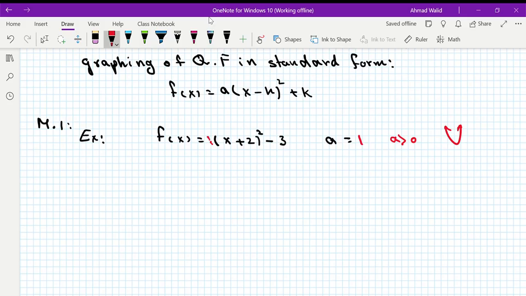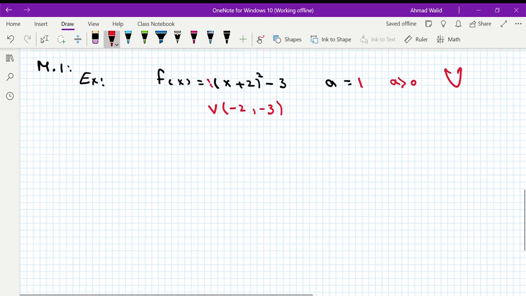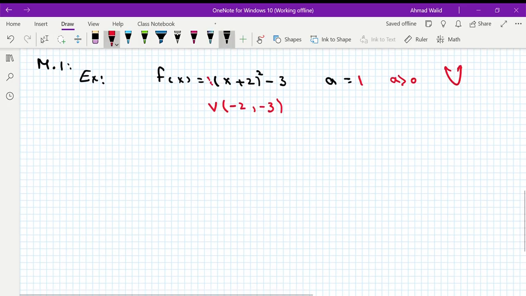The most important information that I need is the vertex. Where is the vertex? Opposite h, which is negative 2, and same k, negative 3. If I know this much, easily I can graph. Look, I'll draw a table of values here for me.